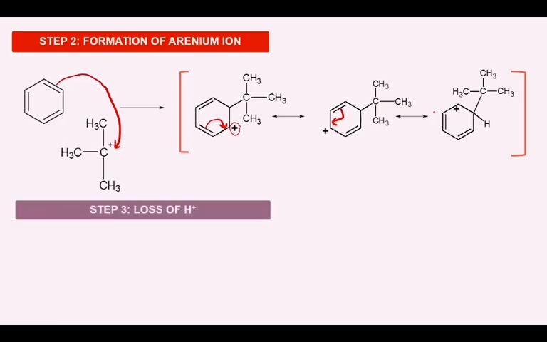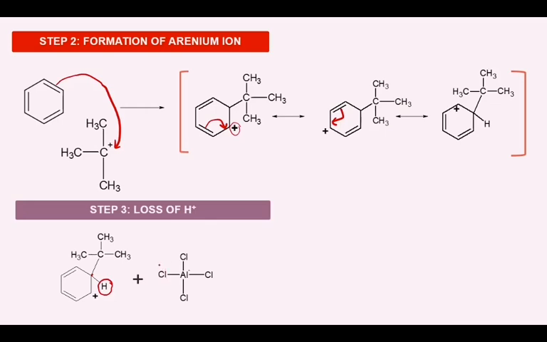That is step 2. Step 3 is loss of H+. We will remove H+ from the hydrogen of this carbon. What is involved in this step is AlCl4 minus formed from the first step.